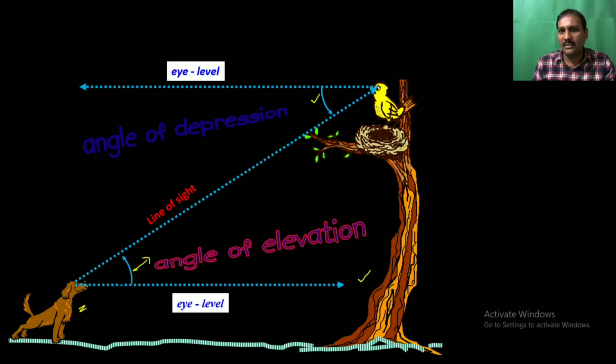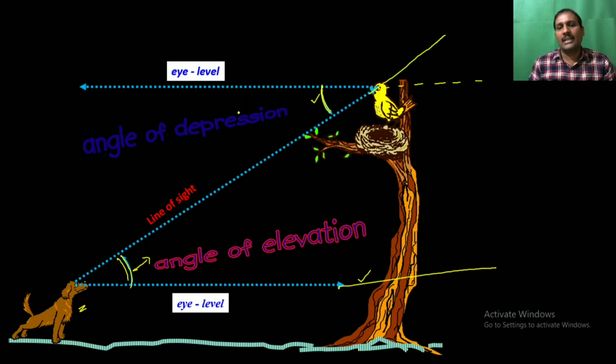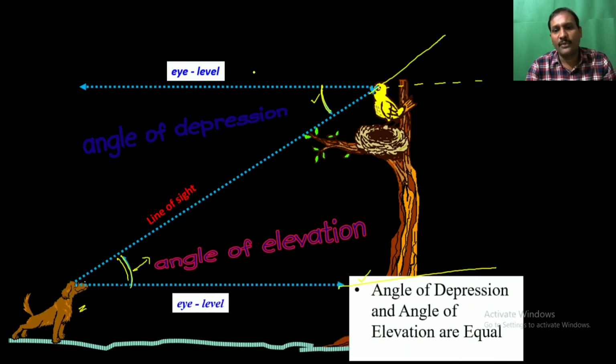If you observe, these two horizontal lines are parallel to each other, and the line of sight is working as a transversal here. Then these two angles are alternate interior angles, and we know that alternate interior angles are equal. Therefore we can say that the angle of depression is equal to the angle of elevation. So both are equal.